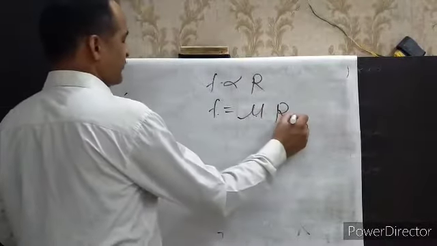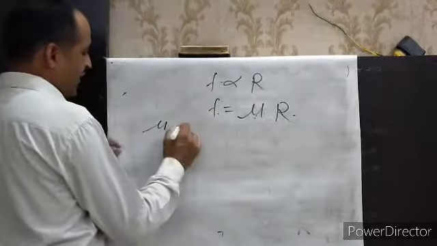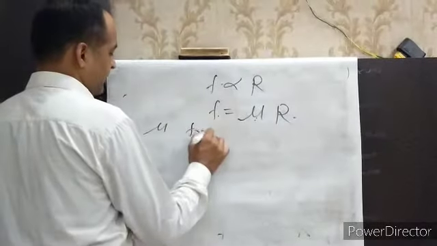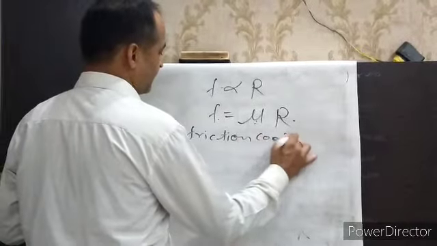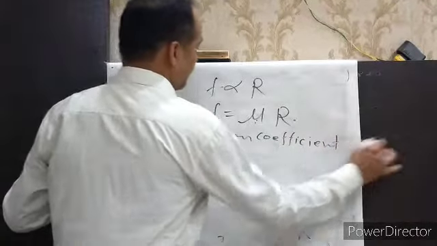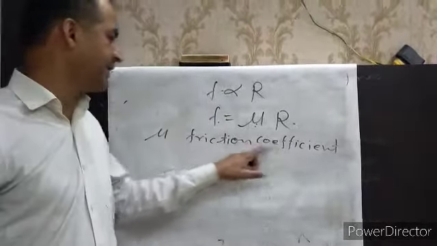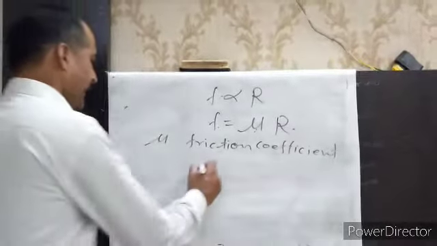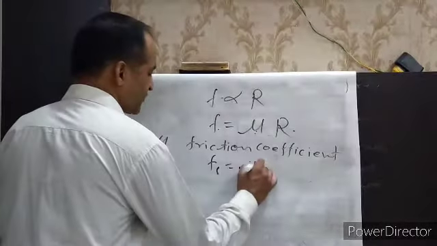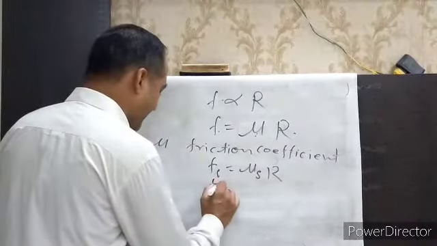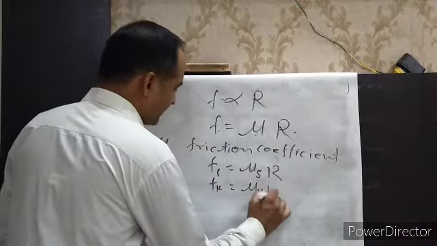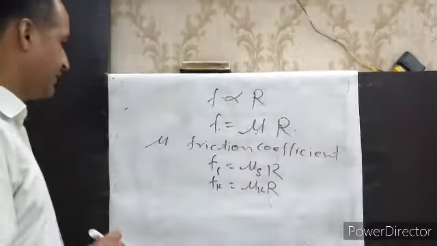F is equal to mu R. Mu is called the friction coefficient. Then Fs is equal to mu s R for static friction, and Fk is equal to mu k R for kinetic friction.